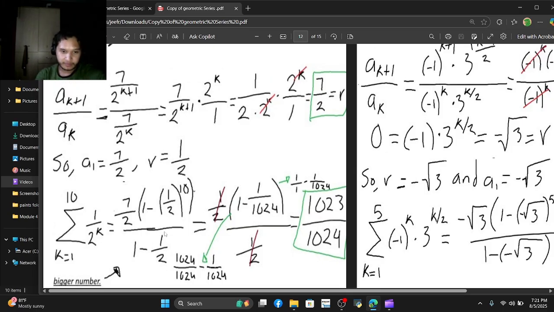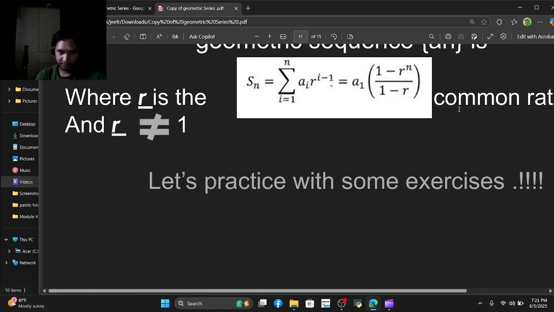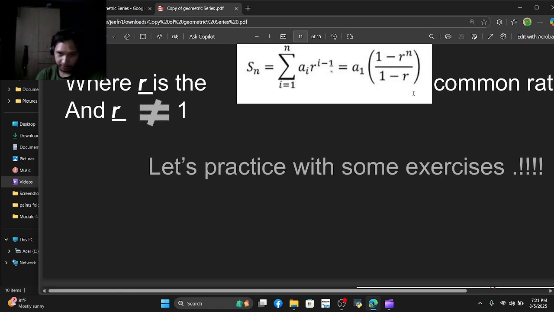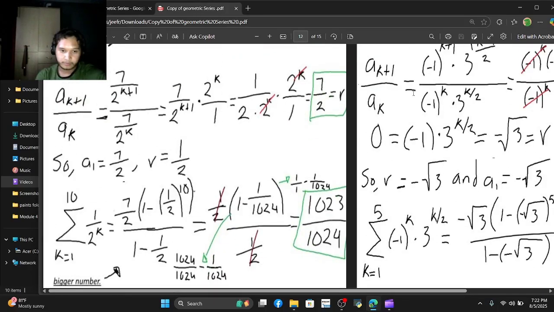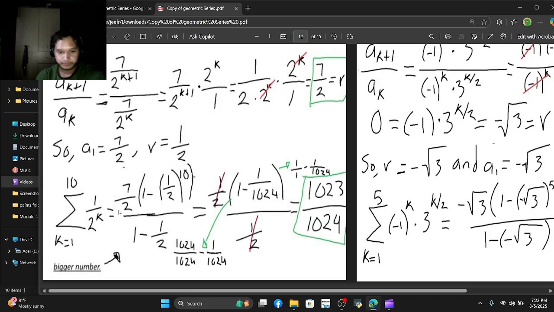This 1/2 is also the ratio, but without the exponent. So we have the first term, the last term in the formula times the first term.